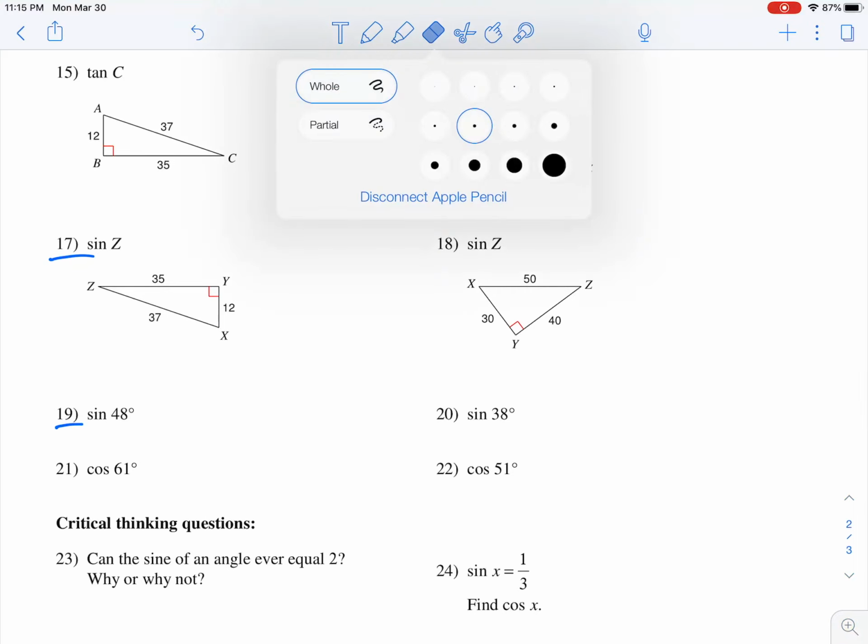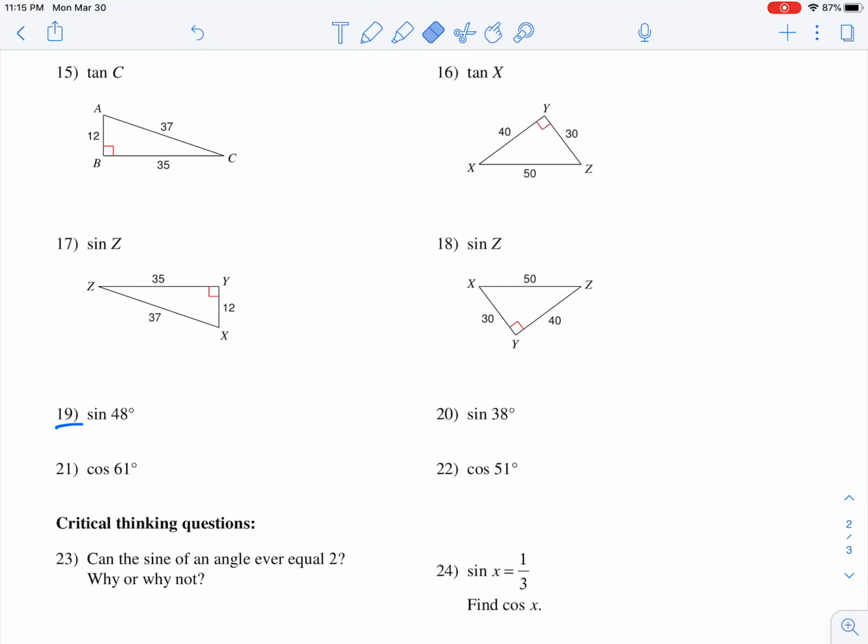Let's move down to number 19. This is asking us for the sine of 48 degrees. Now, this is the situation where we don't have the triangle, and that's okay. We don't need to. This is going to be purely a calculator problem.